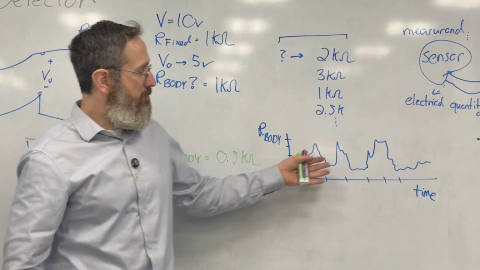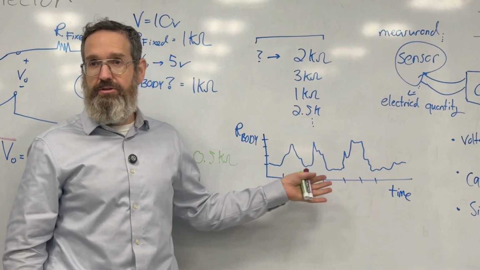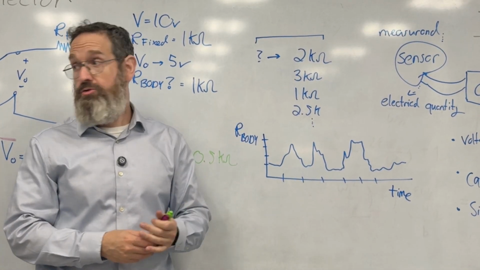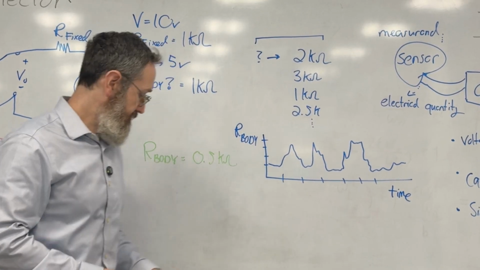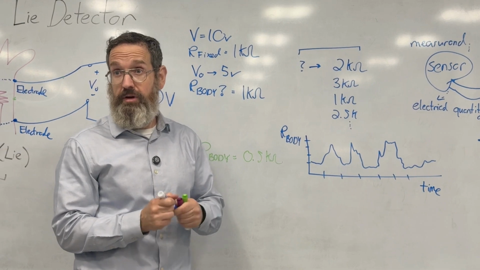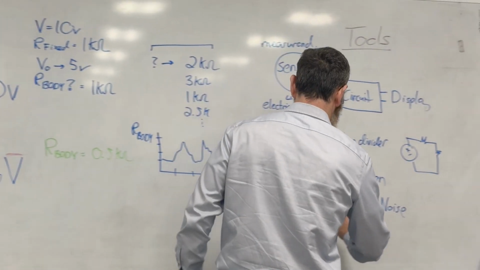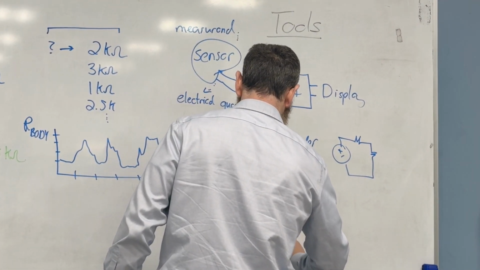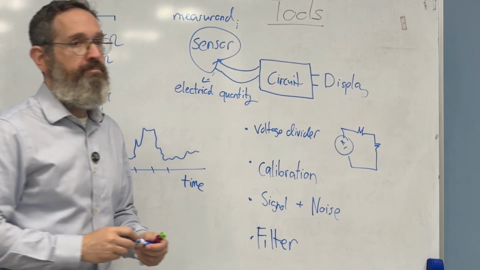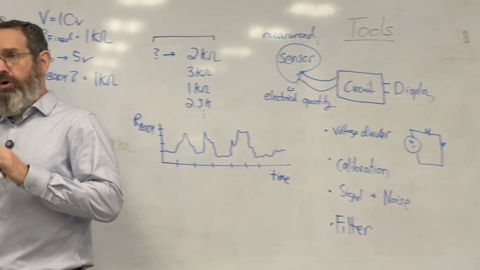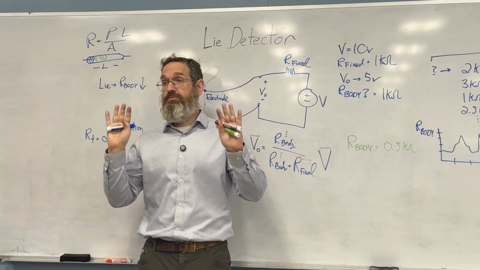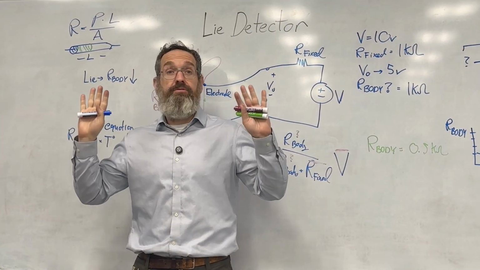Well, what is a tool that we might use to address this issue? What do you use for your EKG? What's the next tool you would use? A filter, right? So, filter. However, for a filter to work, the signal and the noise have to be at different frequencies, right?